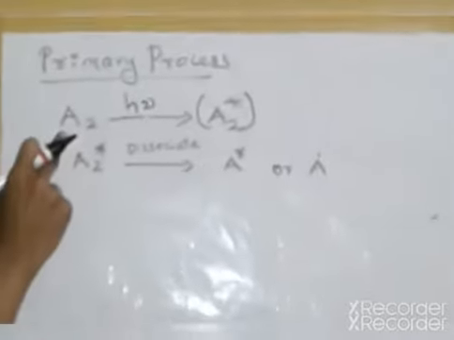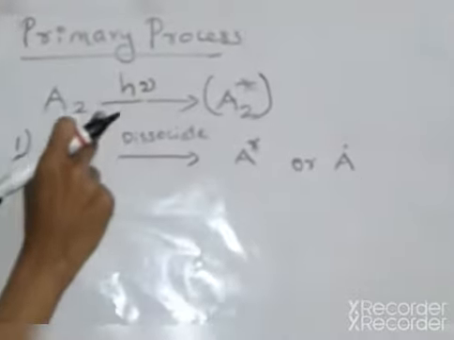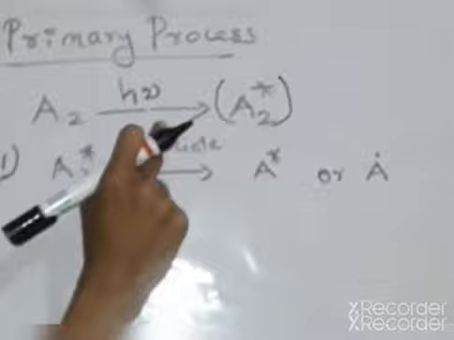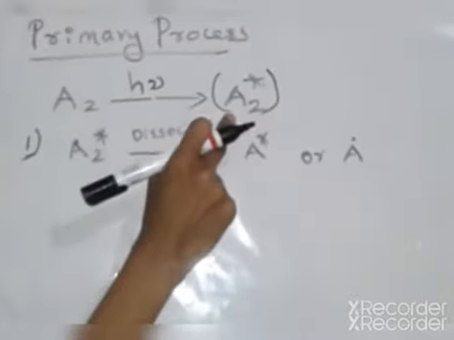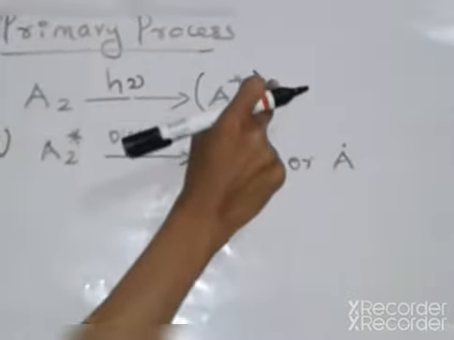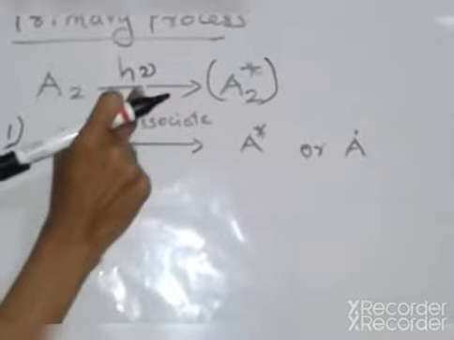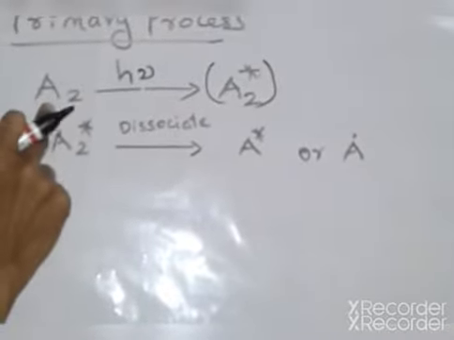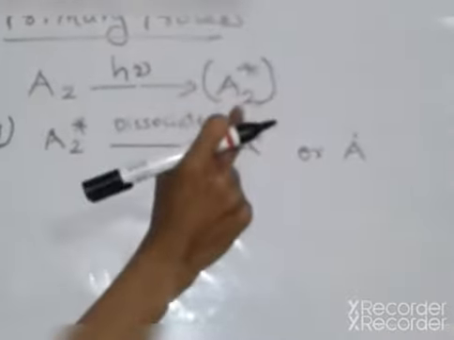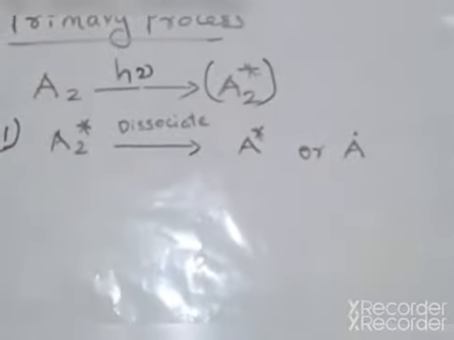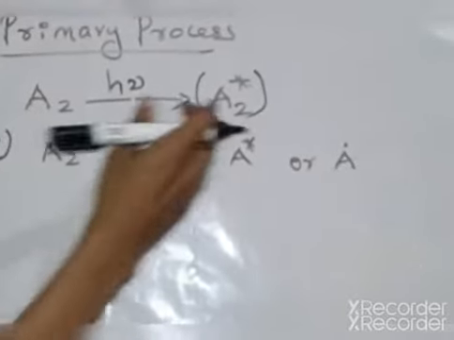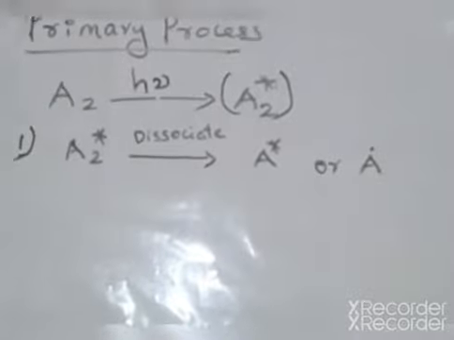In the primary process, the molecule absorbs a quantum of radiation and gets excited to a higher electronic energy level. The molecule A2 is excited, and then the excited molecule may undergo various processes.